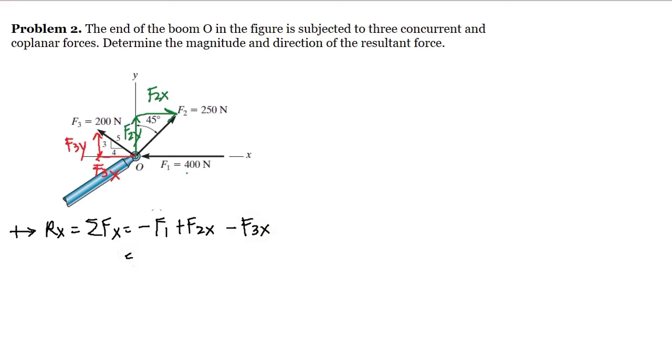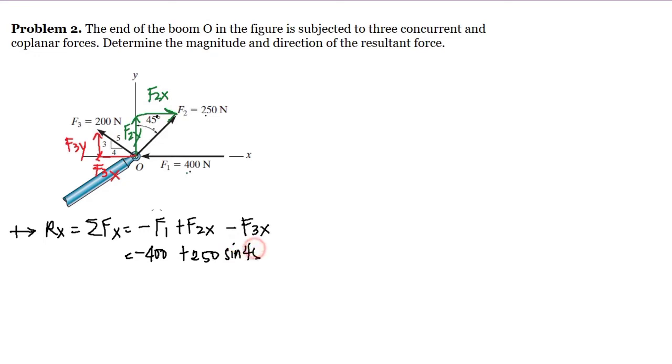Now, we have F1, that's 400, it's negative. And F2x, it's positive F2, so it's 250. And the x component is the opposite of the angle 45, so opposite from SOHCAHTOA is sine.